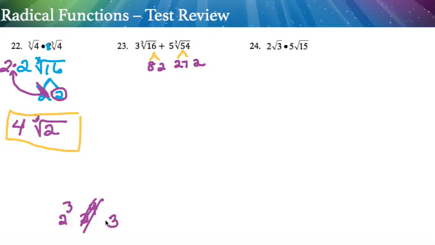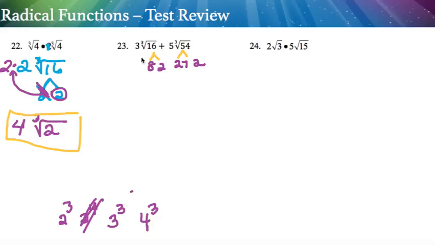Let's go 3 cubed is 27. I tried 27, to see if it goes into 54, and that's how I knew to use 27. So that's when I'd start figuring out, okay, I want all my cubes, 2 cubed, 3 cubed, 4 cubed, and so on. I just try which one of those numbers will go into 16 and 54.